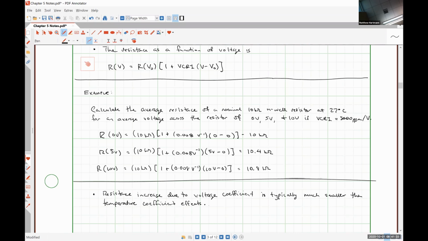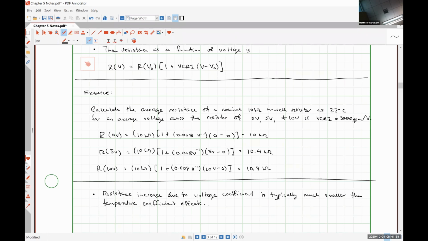So if the smallest average voltage that we can apply to a resistor in our process is 2.5 volts, then that means that we're going to see a fairly small change in the resistance value. Whereas the temperature is dependent on our strategies for heat dissipation and a whole other host of things.